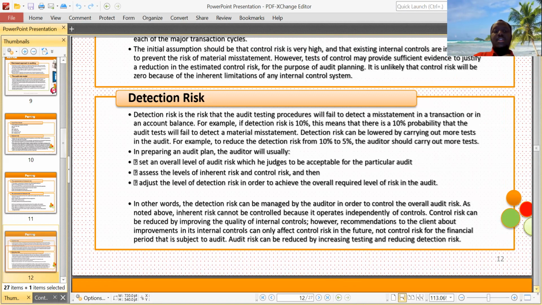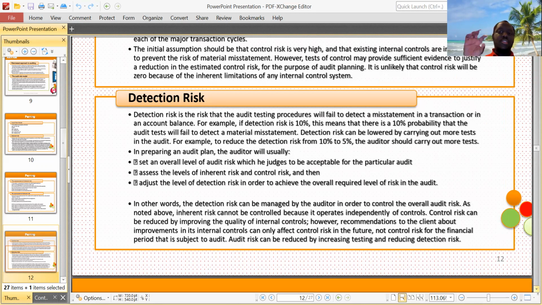Control risk can be reduced by improving the quality of internal controls, and detection risk can also be reduced by improving the extent of your testing or the quality of your testing as well.